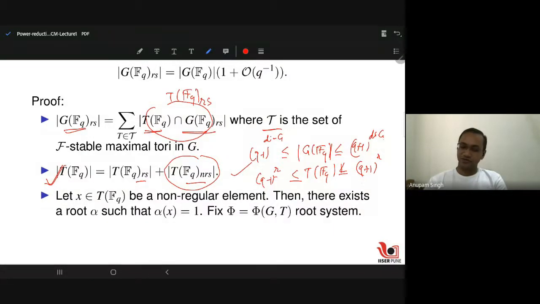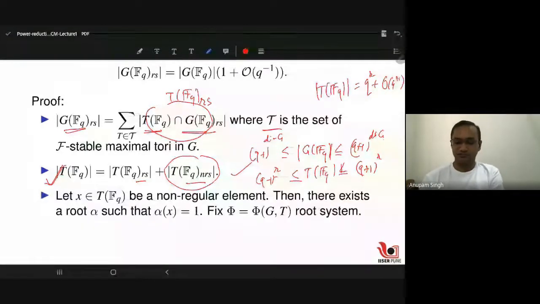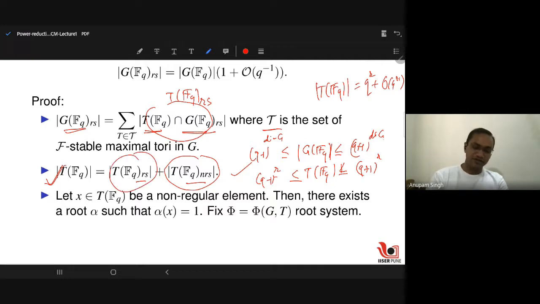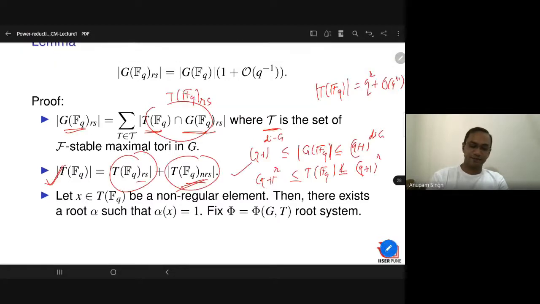In big O notation, |T(F_q)| is q to the power r, maybe plus some smaller order term, q to the power r minus 1. I don't want the exact size of T(F_q), I just want big O notation. So all I need is to estimate the number of non-regular elements, T(F_q)^nrs. If I can estimate that, I'm done.